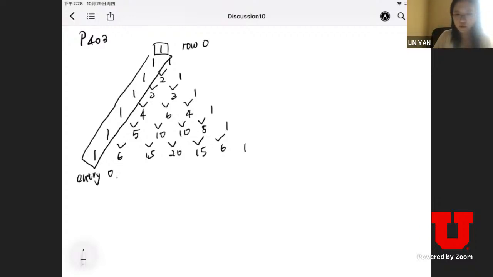Using this definition, entry k in row n is the value of n choose k. Taking this value as an example, it is in row 5, and its entry number is 3. So this number corresponds to 5 choose 3, and if we verify it, 5 choose 3 is equal to 10.